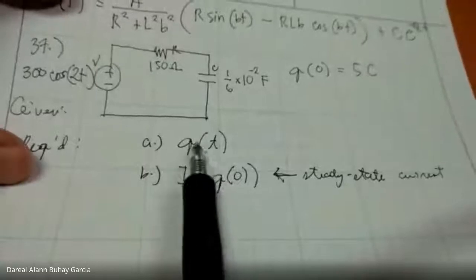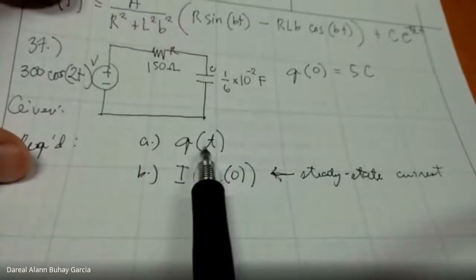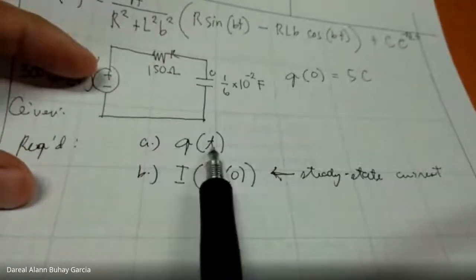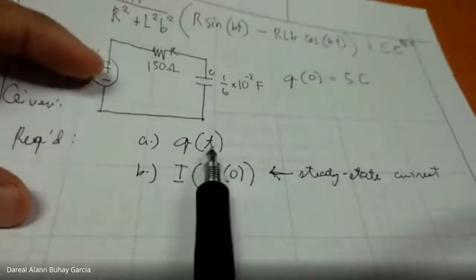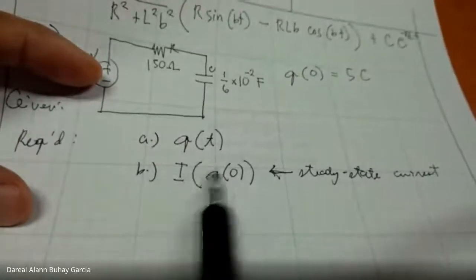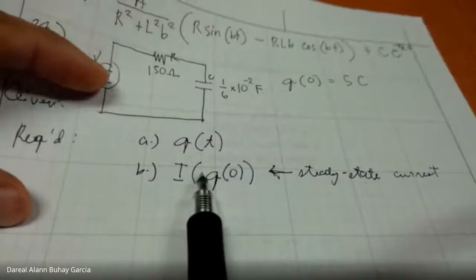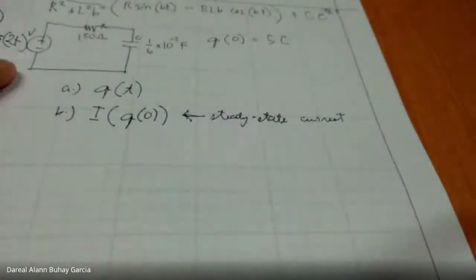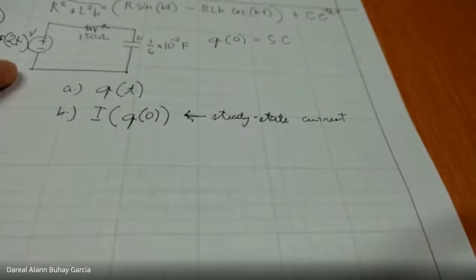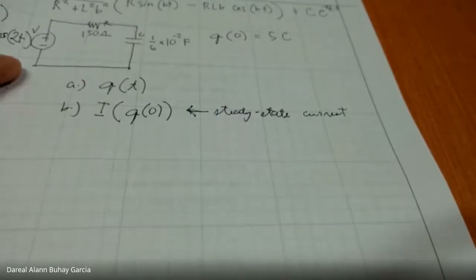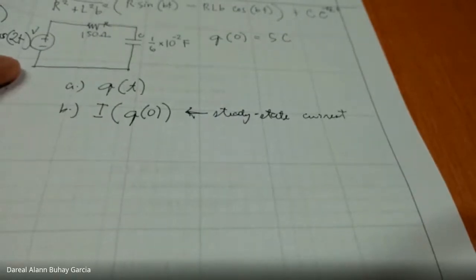After getting the charge equation, we still need to derive it to get the current equation. So we should not forget that for RC problems, there's a relationship between current and charge that we must remember.